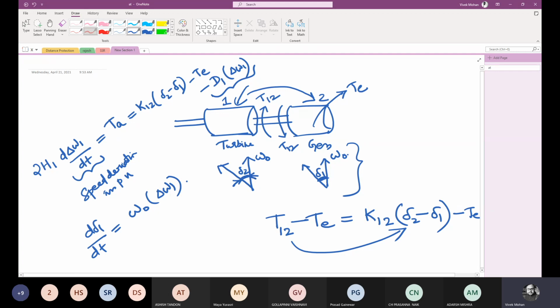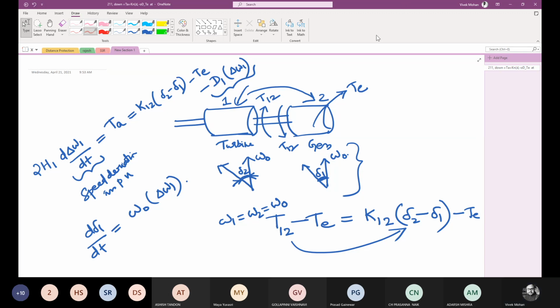Then omega 1 equals omega 2 equals omega naught in the equilibrium or steady state, because there is no speed variation and no effect of disturbance. When there is no disturbance, all are running at the same speed. But if there is a disturbance either from the TM side or the TE side, there will be torsional oscillations.